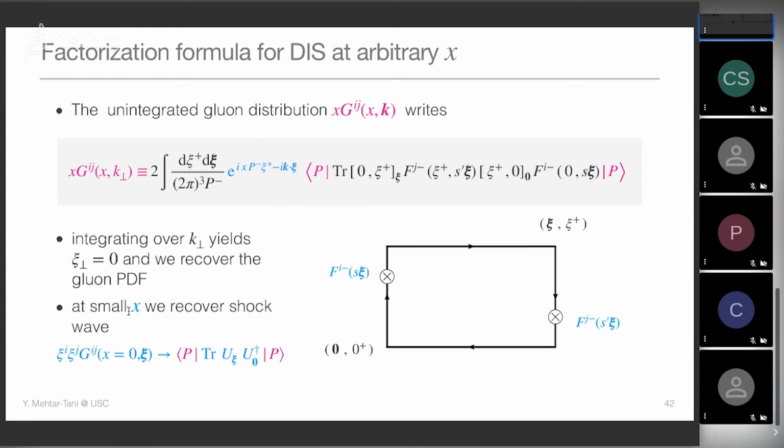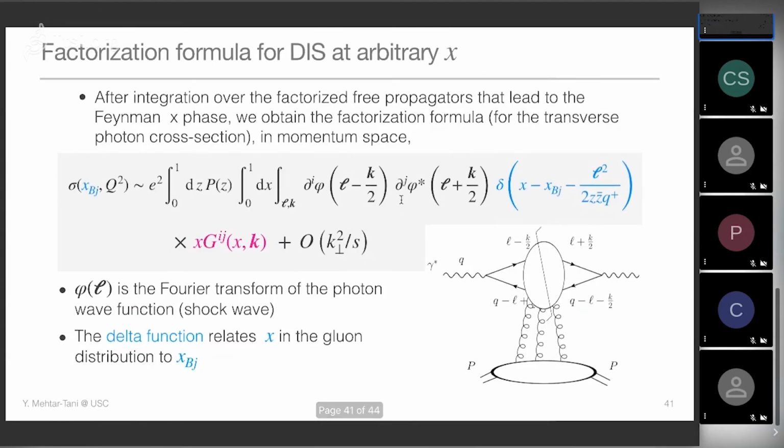Now, if you take the small x limit, so neglecting the phase, then you are contracting this tensor structure with the corresponding structure here, then you get back the dipole. So you have the two limits that are encoded in this gluon distribution, which enters this factorization formula.